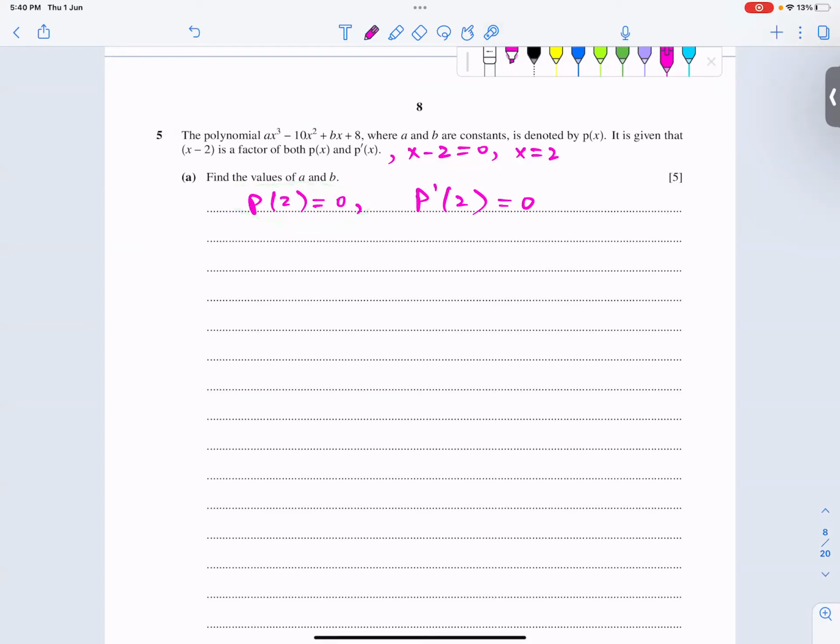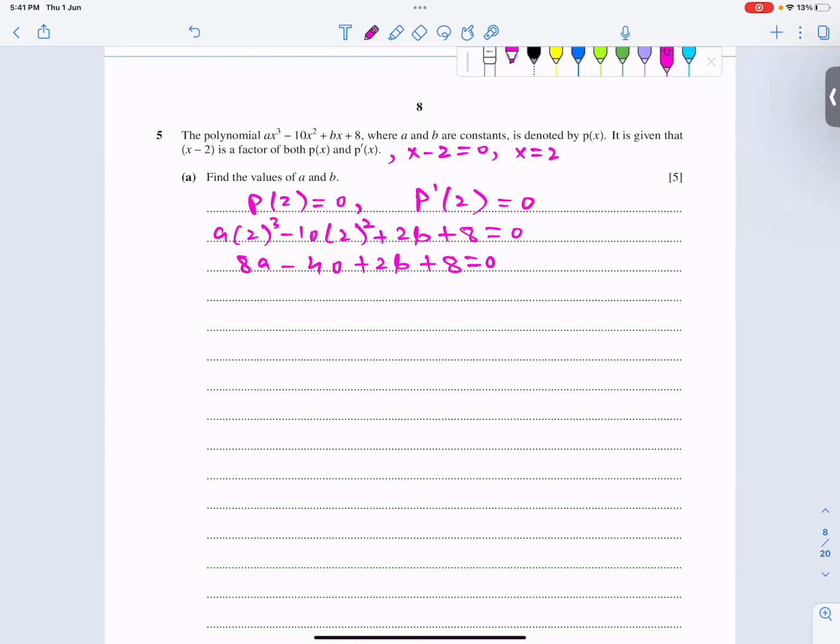So just put 2 in the above equation in place of x. This will become a times 2 cube minus 10 times 2 square plus 2b, yes, bx means 2b, plus 8 equal to 0. This will be 8a minus 40 plus 2b plus 8 equal to 0.